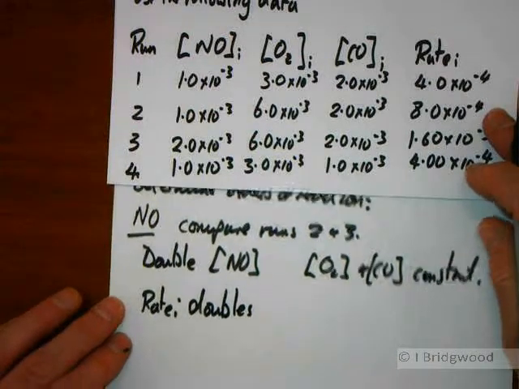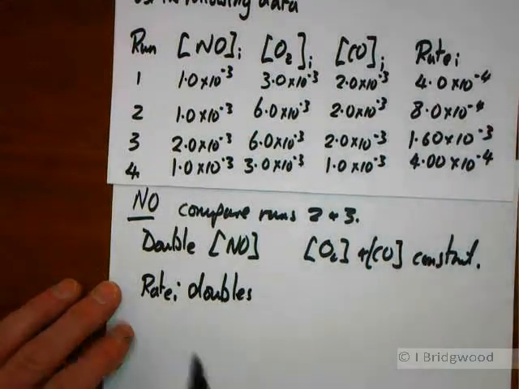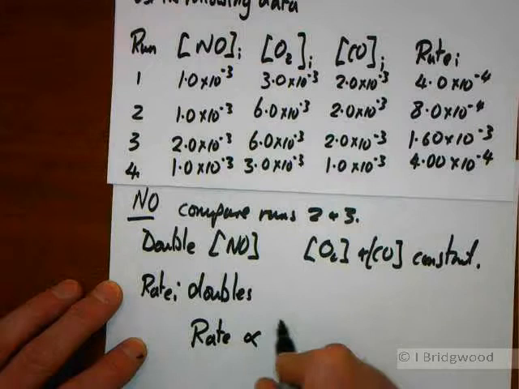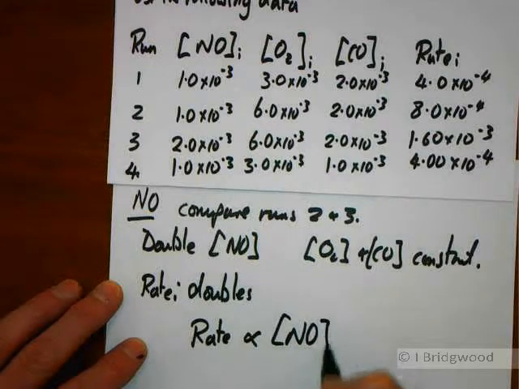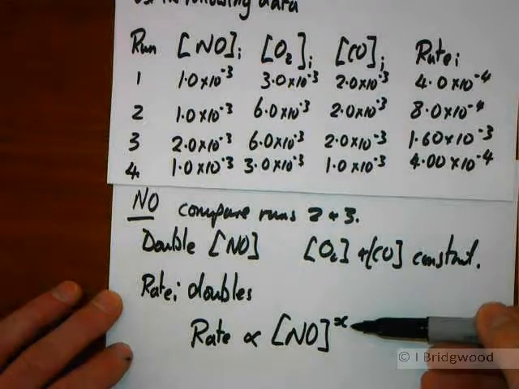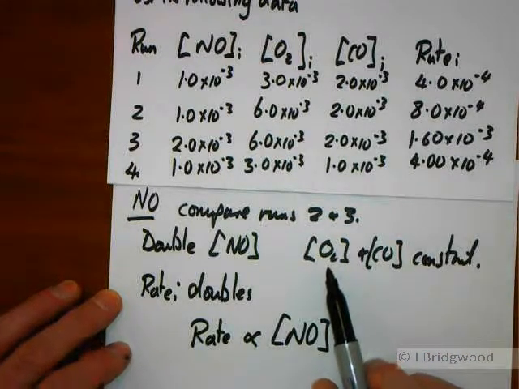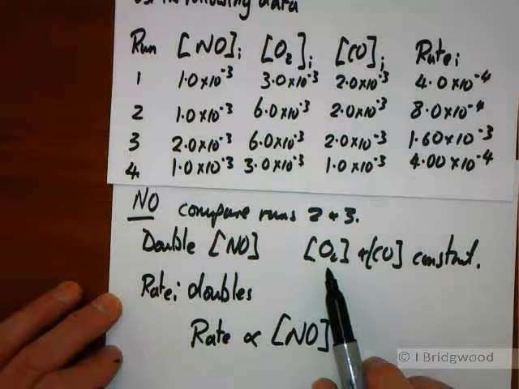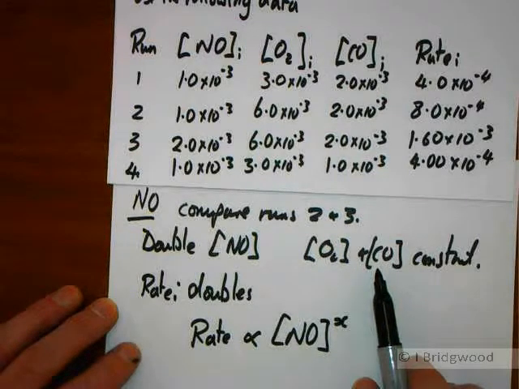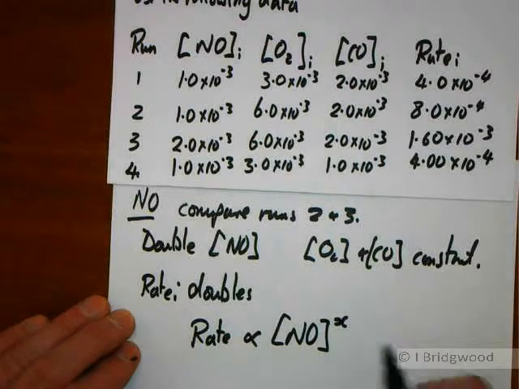So therefore what we can say for this case is that our rate is proportional to the concentration of NO to the power x in some way. It's not proportional to any change in the concentration of oxygen and CO because they're remaining constant here.